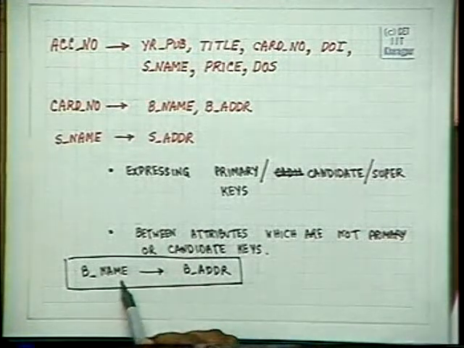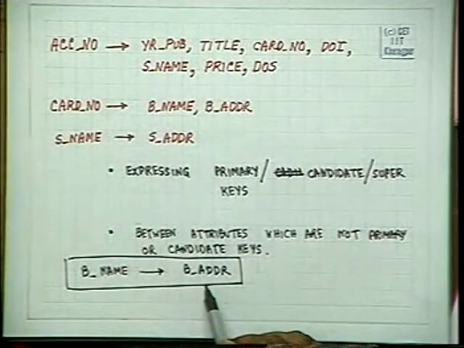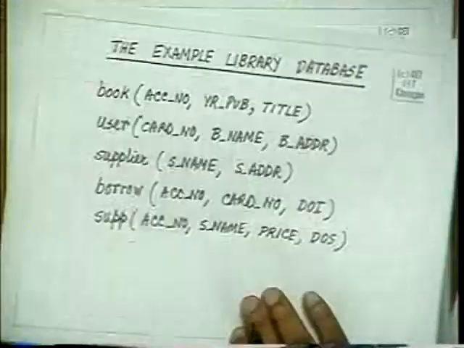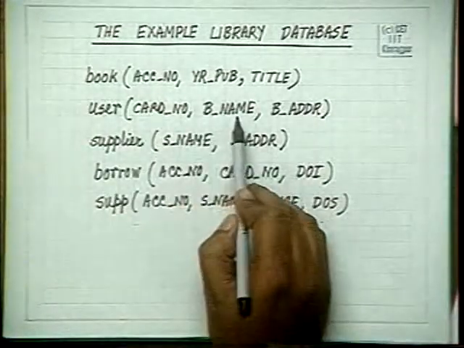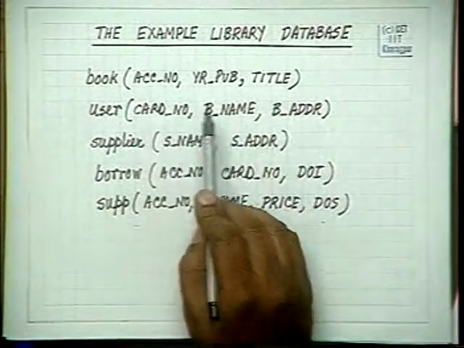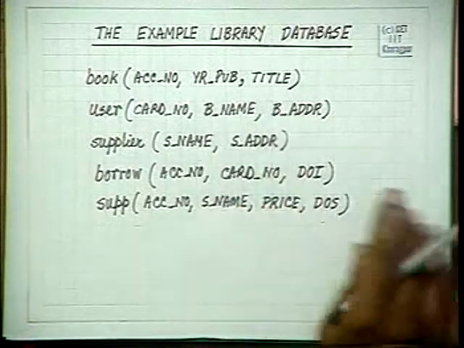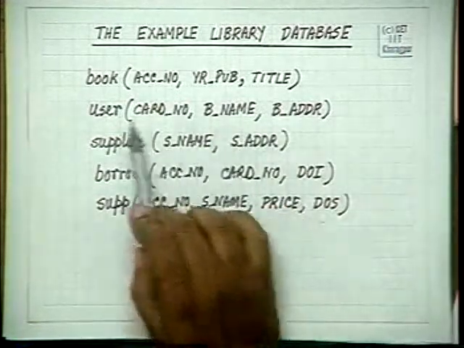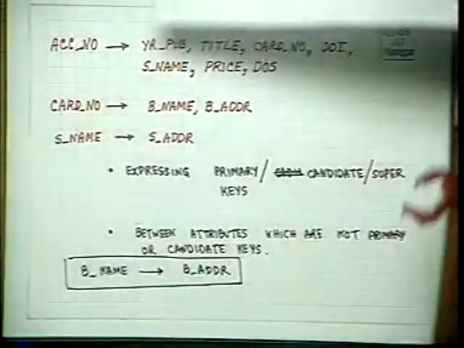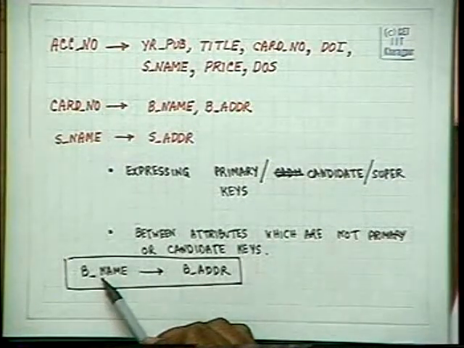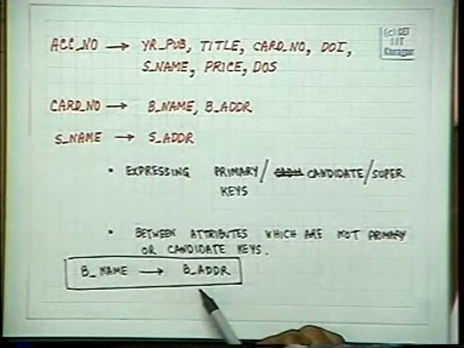Now, bname to baddress does not make bname a super key, because here we have got card number, bname and baddress. Card number implies bname and card number implies baddress. If we add bname to baddress, that does not make bname a super key here, but it just puts in the additional constraint that we cannot have two tuples with the same name and different address.